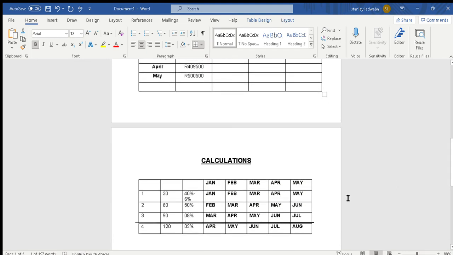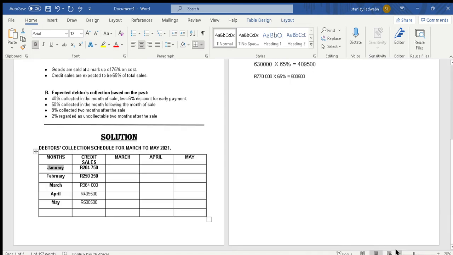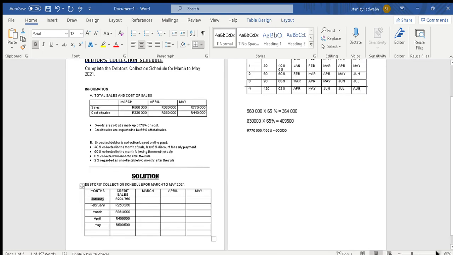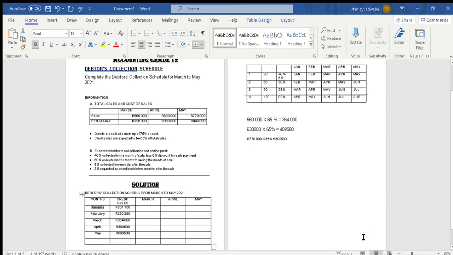We need, on January, to collect for March, April, May. On February we must collect for March, April, May. What I'm trying to say is that on each month we must collect for March, April, and May.